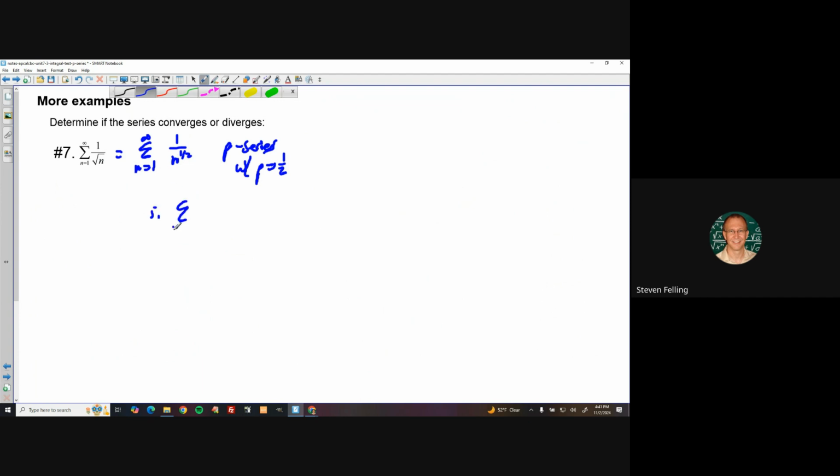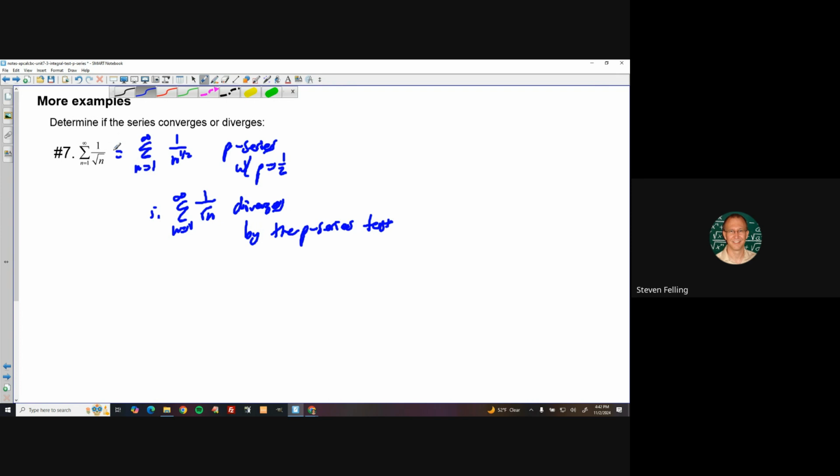With p-series, you need a large p in the denominator to converge. That series diverges by the p-series test. Okay, so that was easier. We could recognize that it was one of the forms.